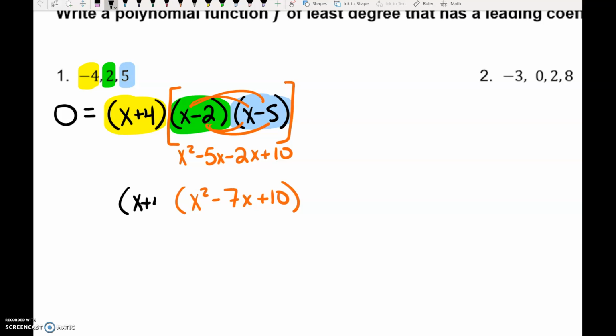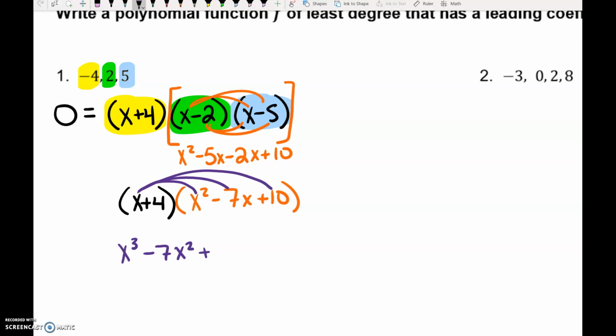We still have x plus 4 in front, so now we need to double distribute again to get our full expanded answer. So x times x squared is x to the third. X times -7x is -7x squared.